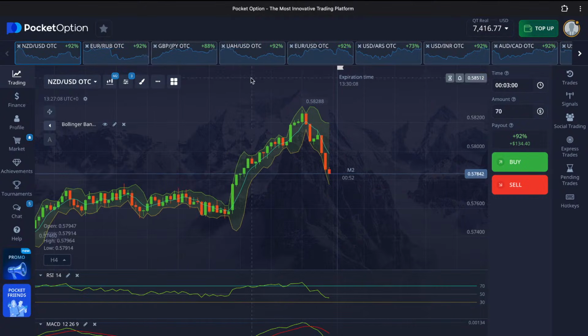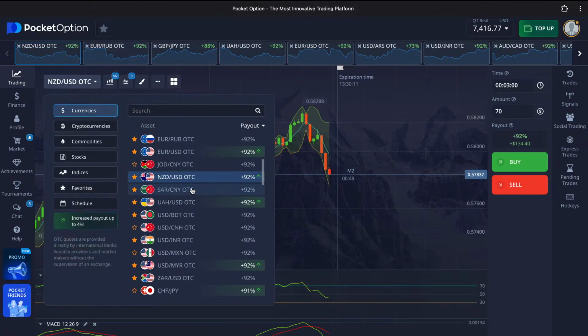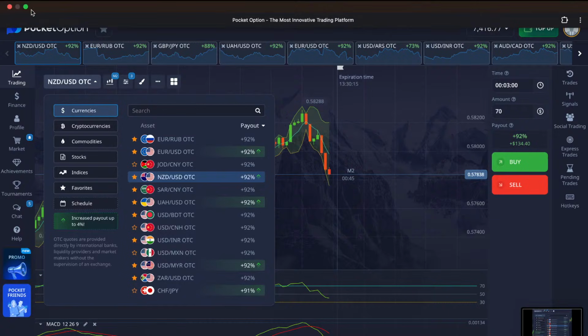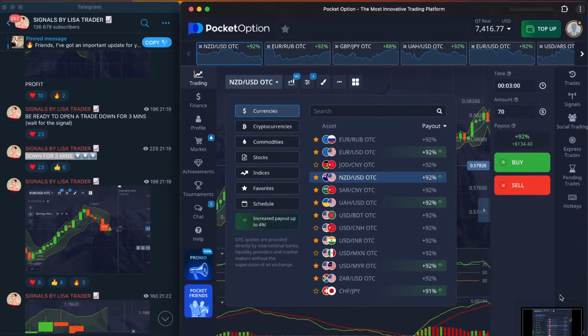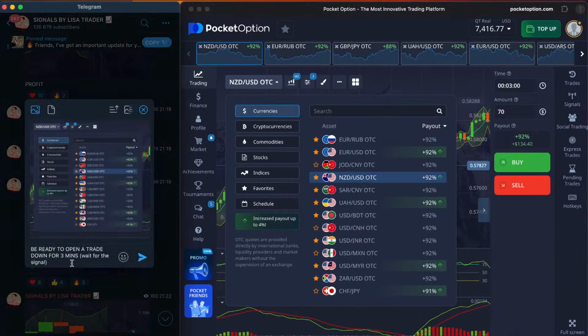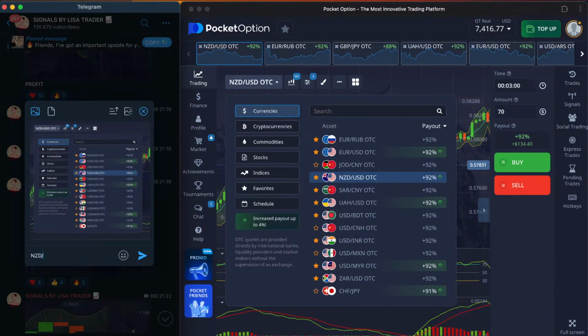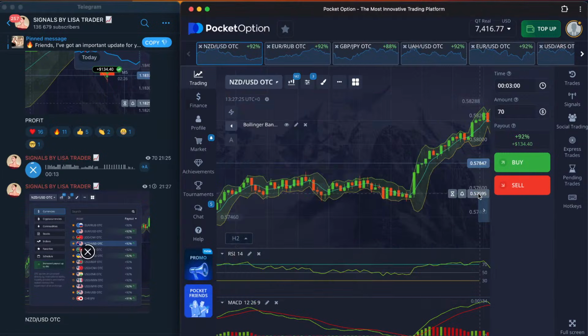Here could be a good downward. Okay, let's do this one. NZD/USD OTC. I hope it's not going to change while we're all choosing the trades.